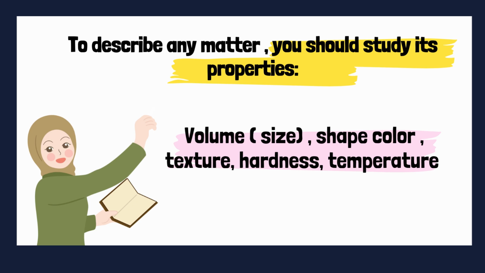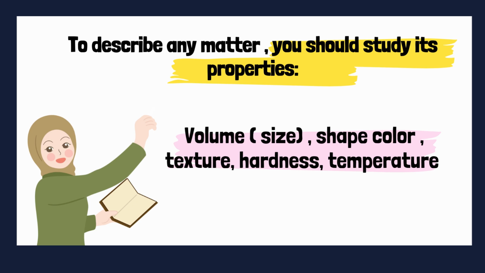We can describe this matter by using some properties, like we can say its volume, its shape or color, texture, as it is soft or hard, okay, temperature, hardness and softness. All of these are properties that we can use to describe this matter.